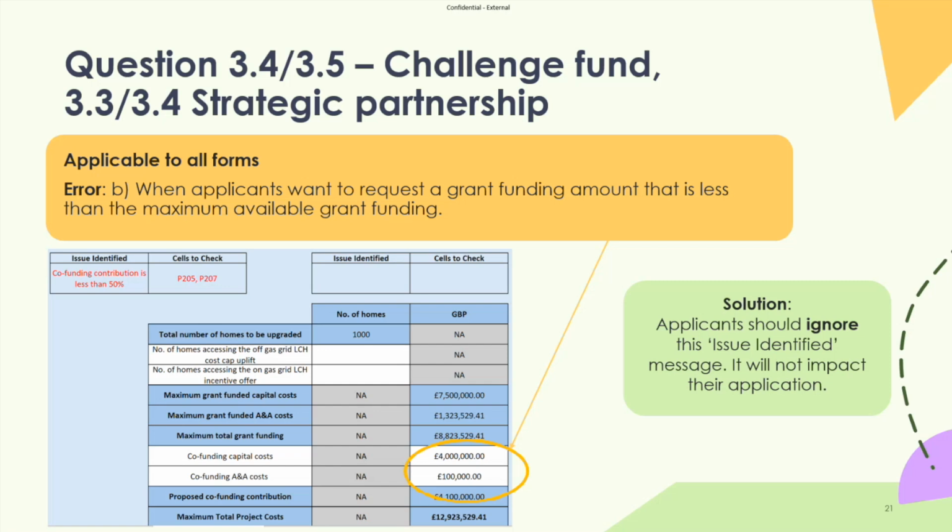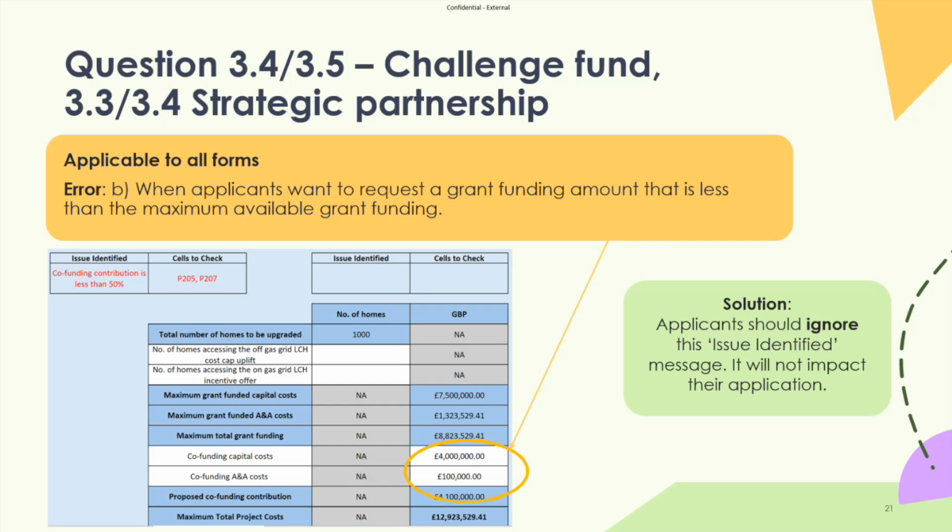The other example that we mentioned was when you want to spend less than the maximum grant funding. So the maximum grant funding, if you are putting 100 homes in, will automatically populate those at the £7,500 capital amount. If you are thinking that those homes are going to cost less and your co-funding is less to match what you predict the actual cost to be, if you put a smaller co-funding capital amount in, it will trip the issues identified box.